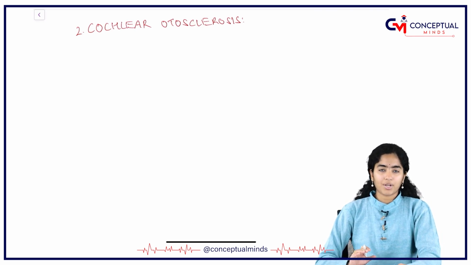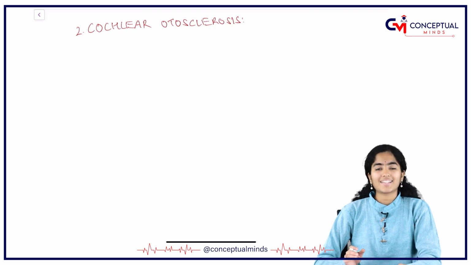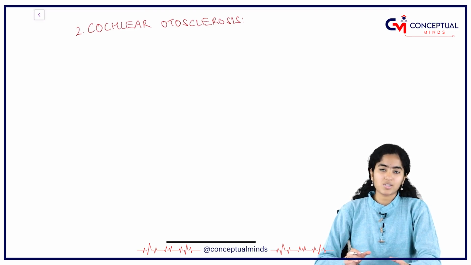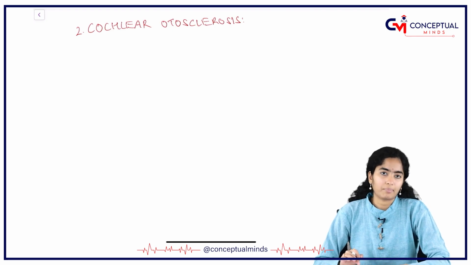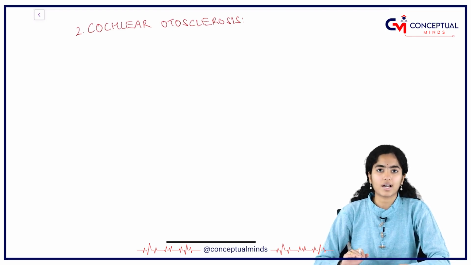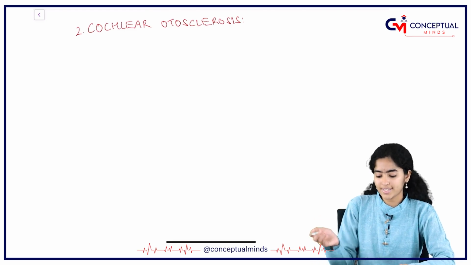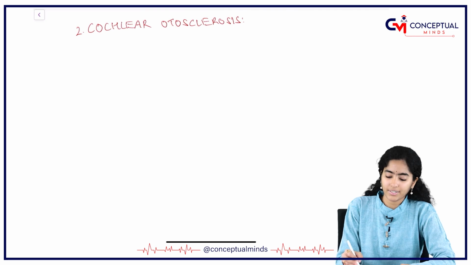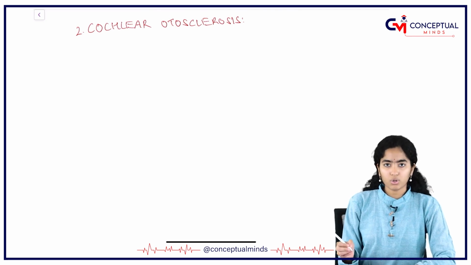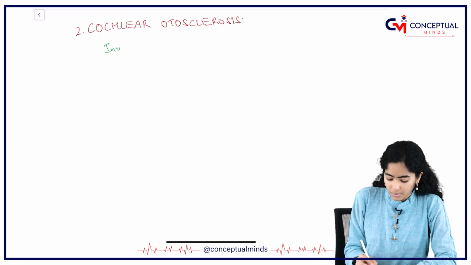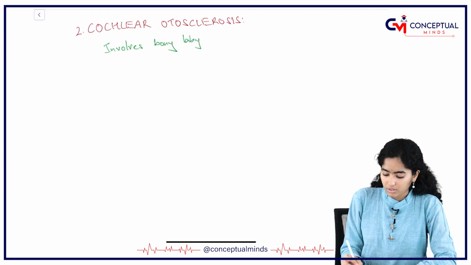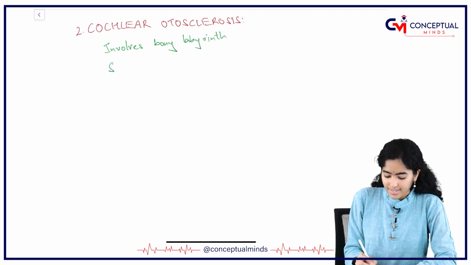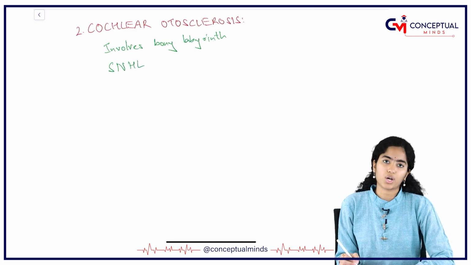And it is because of the disease process, one thing. And second is, this otosclerosis will release some toxic materials which travel via the fluids of inner ear and they also damage the cochlea. The inner ear fluids are disturbed. And this is how it causes irreversible type of sensory neural hearing loss. The cochlear otosclerosis involves bony labyrinth and this results in sensory neural type of hearing loss.